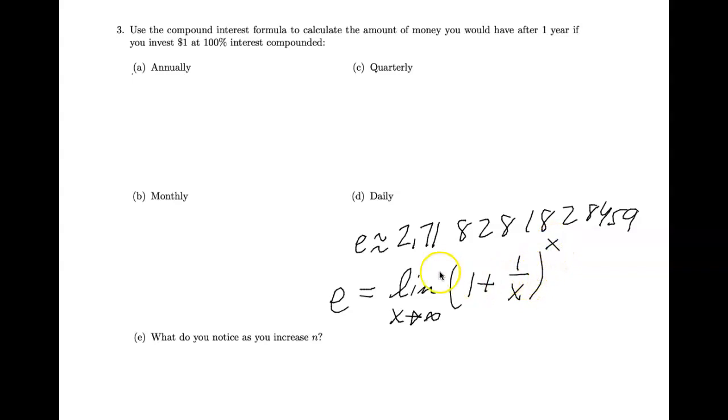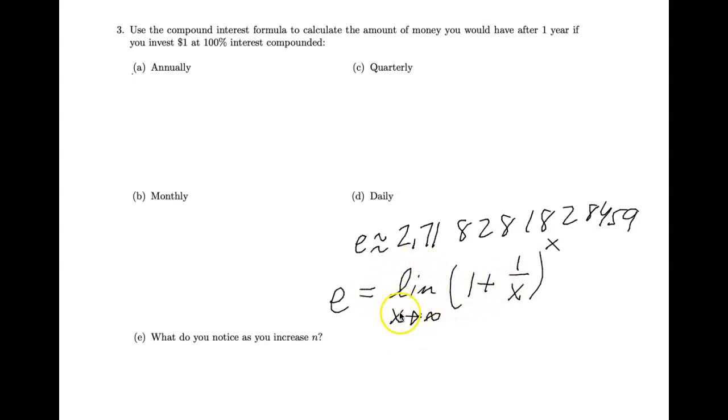So this is why I wanted to capture such weird constraints for our compound interest example. Here I just replaced n with x.